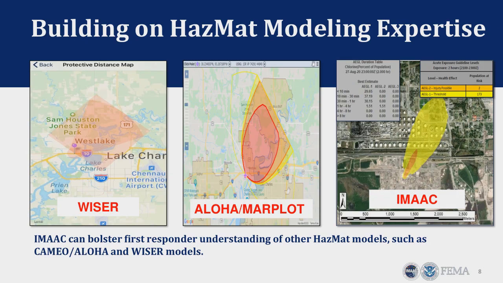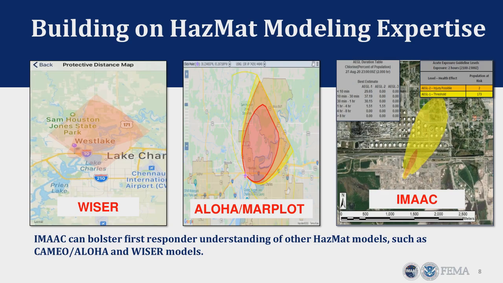And a couple of those are what we mentioned here. Like WISER is a tool. It provides a range of information on hazardous substances, identification of substances, physical characteristics, human health information, and containment and suppression advice. And it's fairly rudimentary, but it does give you an answer pretty quickly.